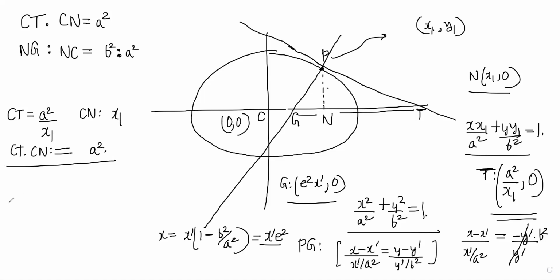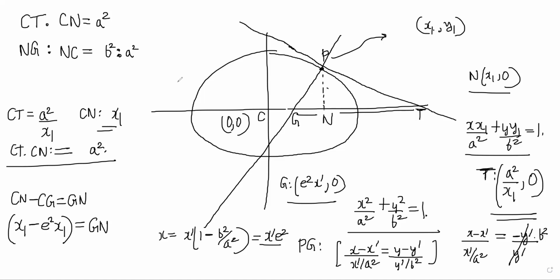Gn would be Cn minus Cg is equal to Gn, right? And Cn is x1 minus Cg is e square x1, right? That is your Gn. And Nc is how much? Nc is similarly x1, right?